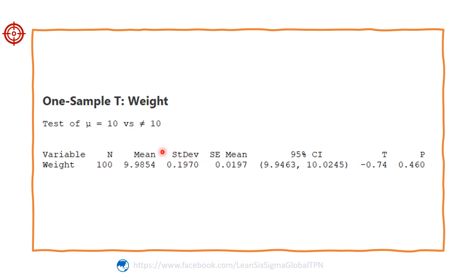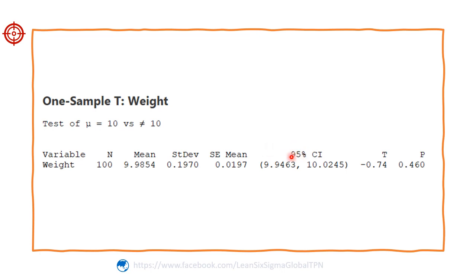The sample mean 9.9854 is an estimate of the population mean. So let's now look at the confidence interval: the range of likely values for the population mean based on both the sample mean and the sample variation.